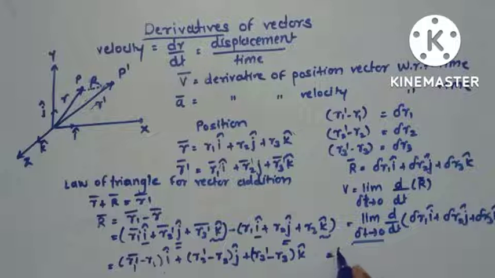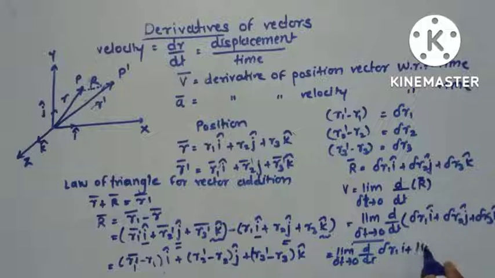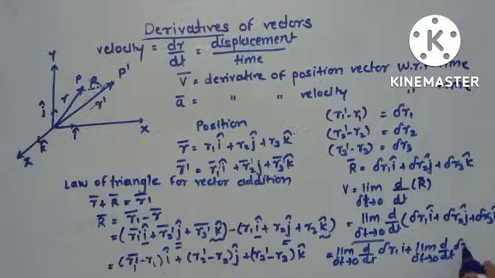So I will write limit delta t tends to 0, d by dt of delta r1 i, plus limit delta t tends to 0, d by dt of delta r2 j, plus limit delta t tends to 0, d by dt of delta r3 k.